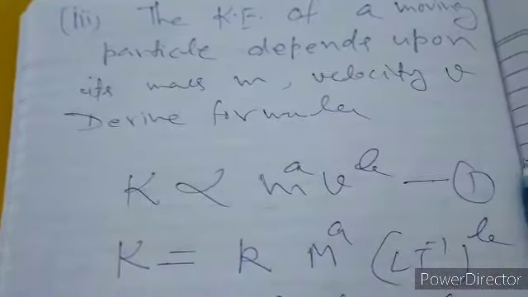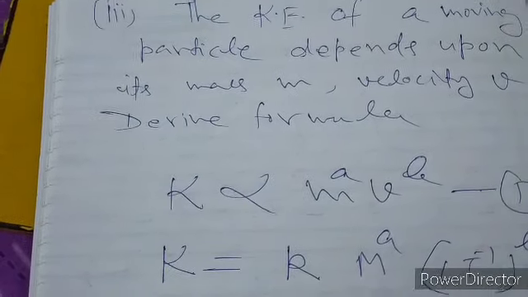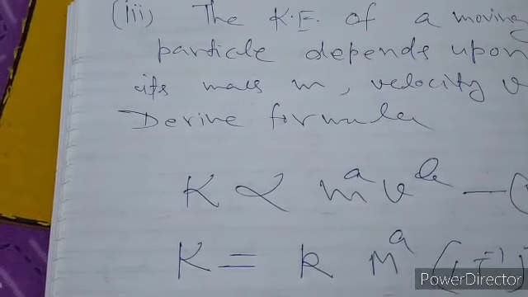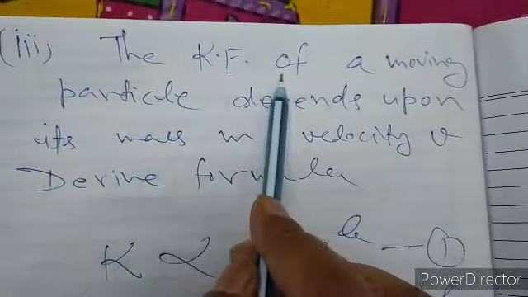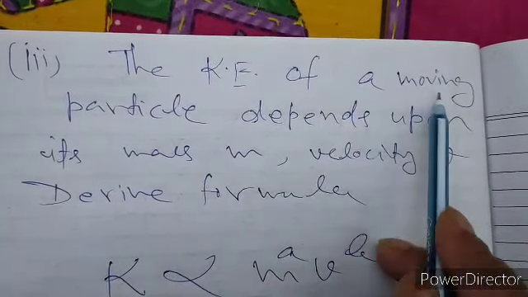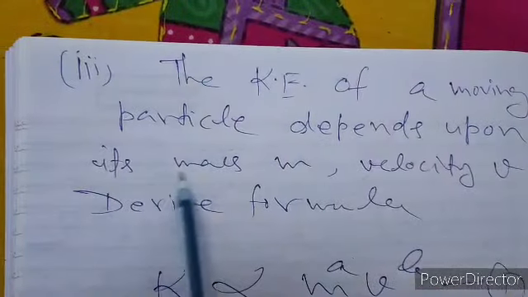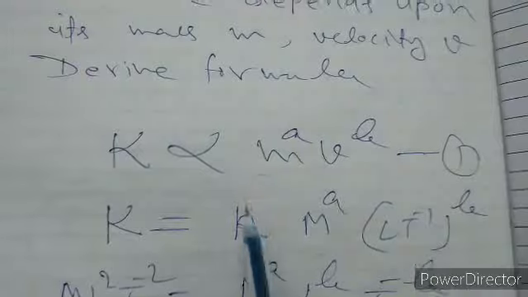Now the third use of the dimensional formula is, with the help of dimensional analysis we can derive formulas. Suppose I am taking one example. The question is: the kinetic energy of a moving particle depends upon its mass m and velocity v, derive the formula.